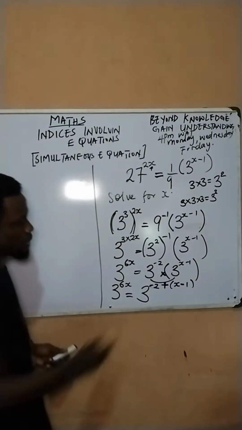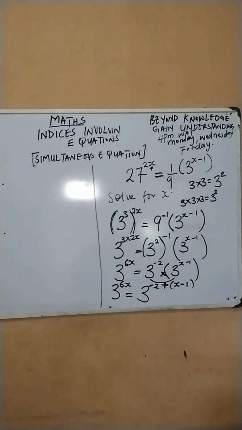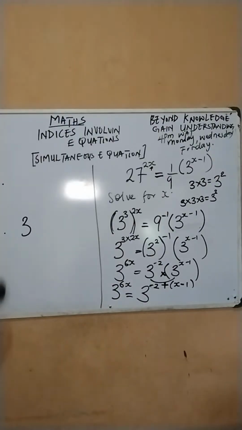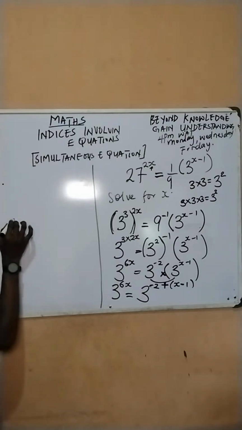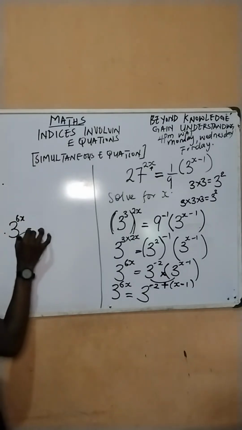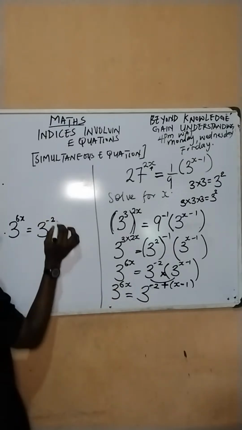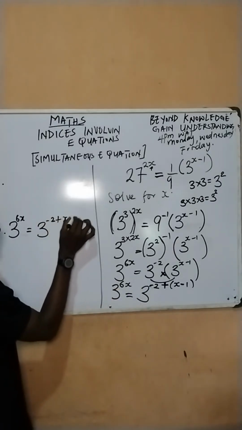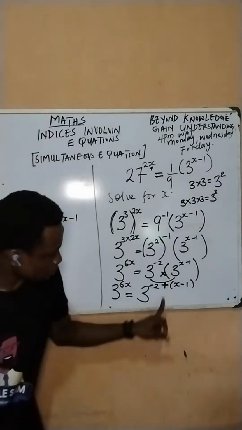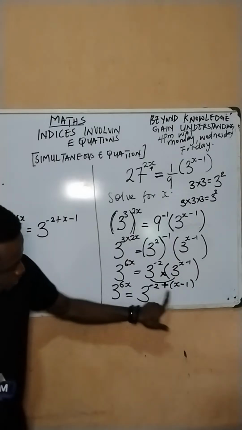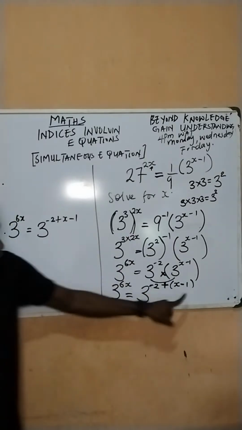So at this point, let me write it here, 3 raised to the power of 6x equals 3 raised to the power of -2, then plus x minus 1. Because what happened here is simply that the positive multiplied by the x gives us positive x, positive multiplied by negative gives us negative, and then you attach the 1.